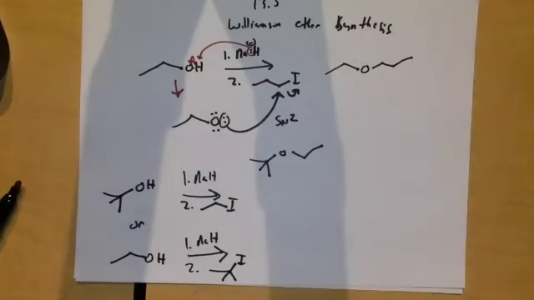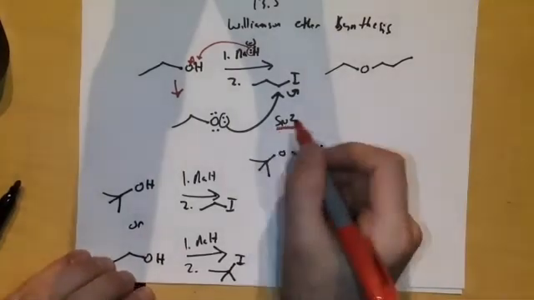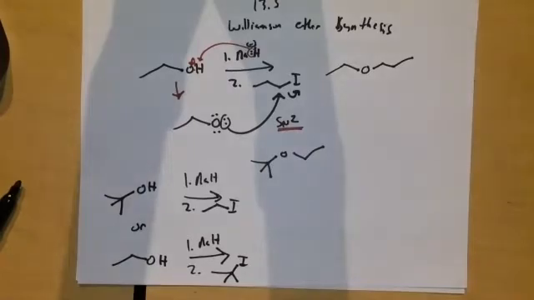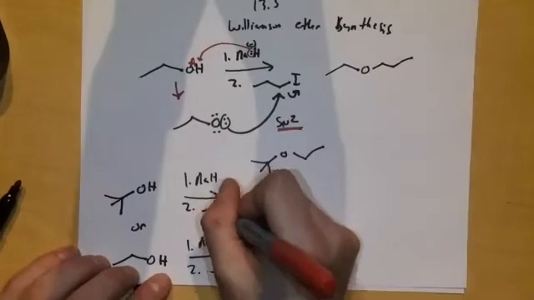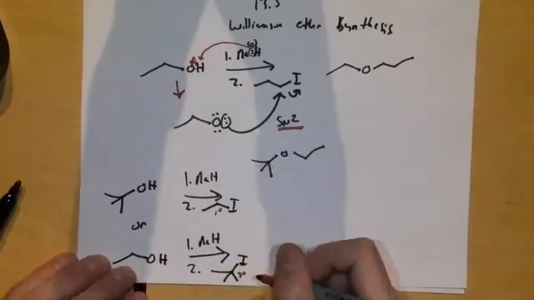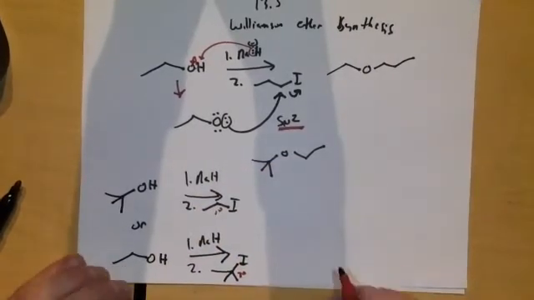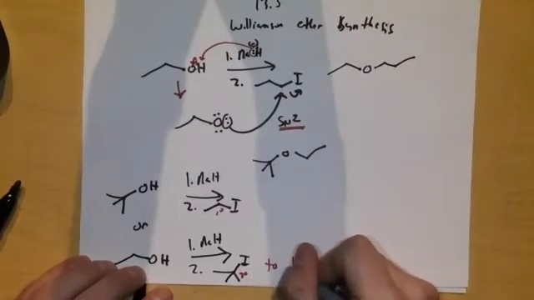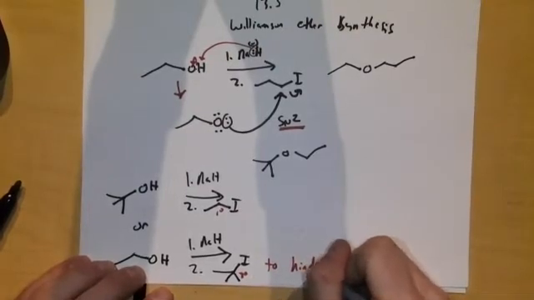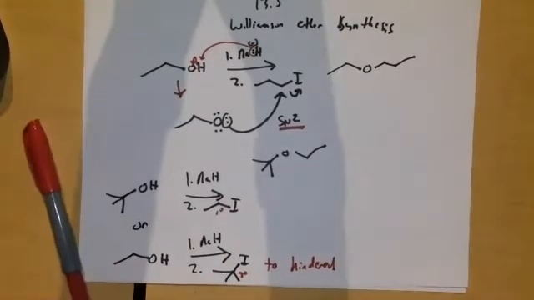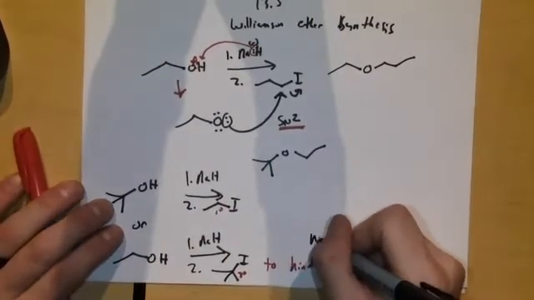And like I said up here, this is an SN2 reaction. And SN2 reactions really only occur on primary and sometimes secondary centers. So this is primary, this is tertiary. This one is going to be too hindered, and it's going to give you no reaction.